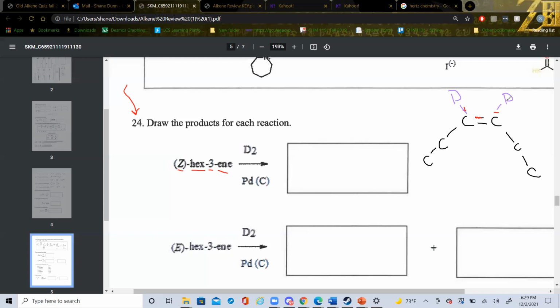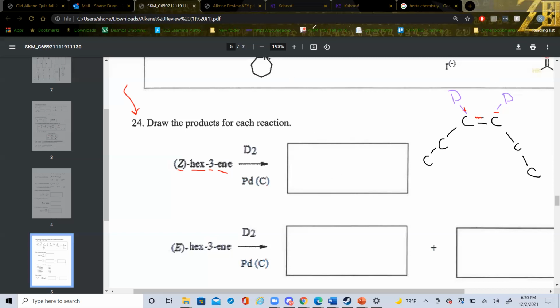So this compound right here is going to be considered a meso compound. Both the carbons are technically chiral, but it's meso because it is symmetrical.